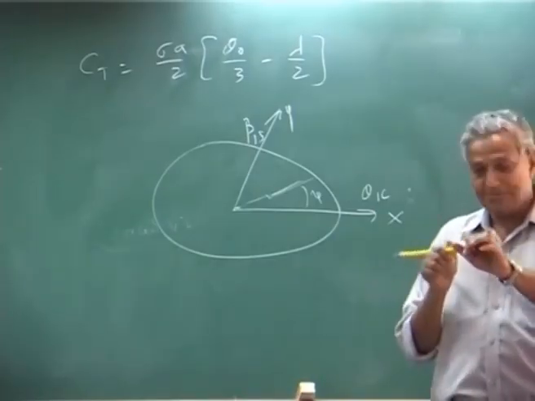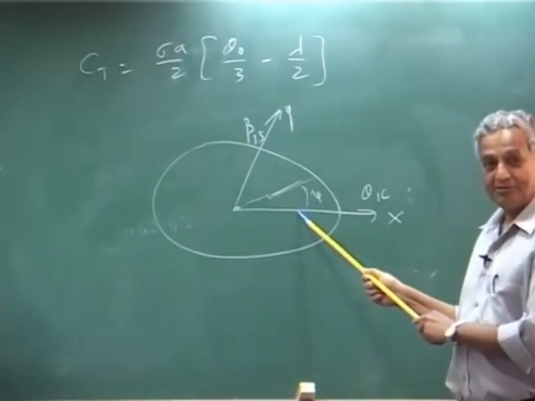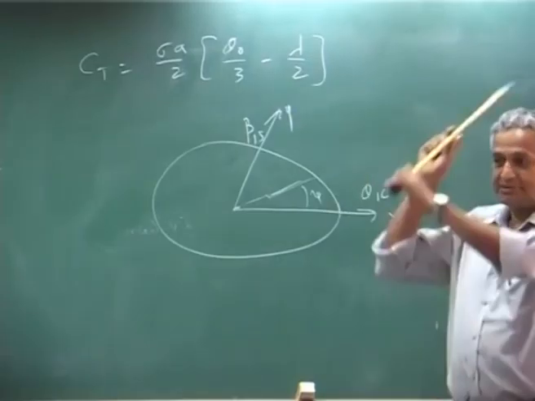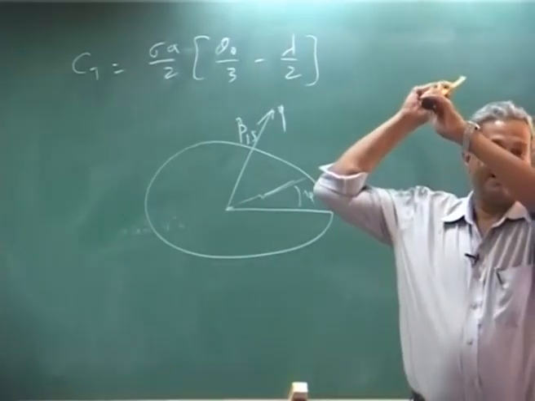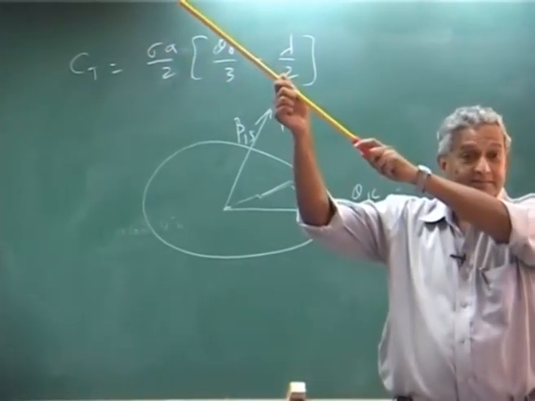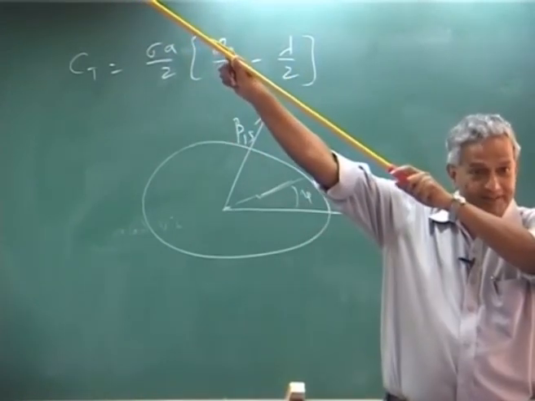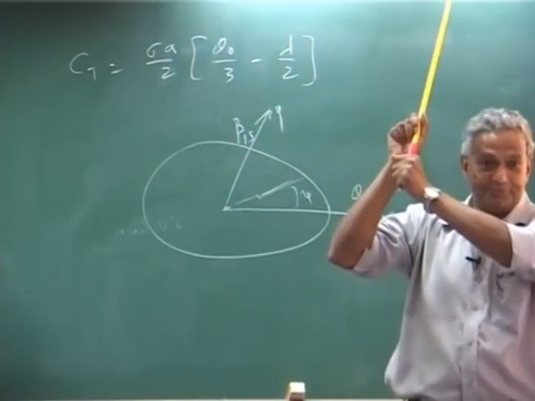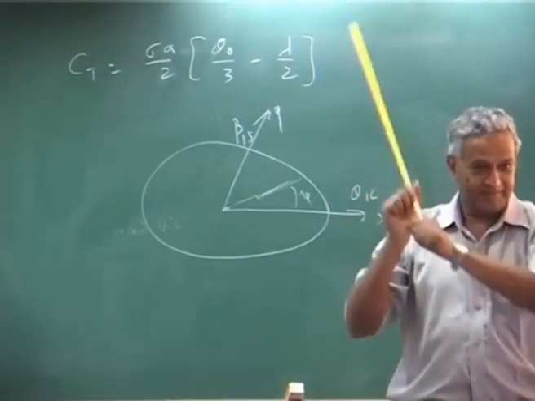If I increase my pitch angle when psi is 0, that means when the blade is here, if I increase my pitch angle, the blade will flap up there, not that it will immediately go up, please understand.